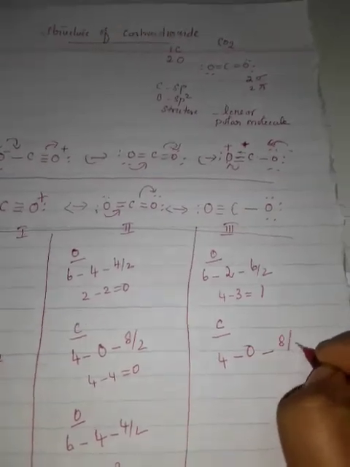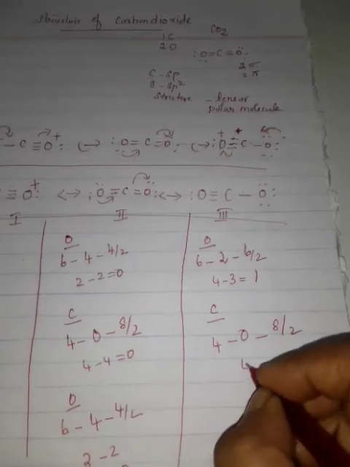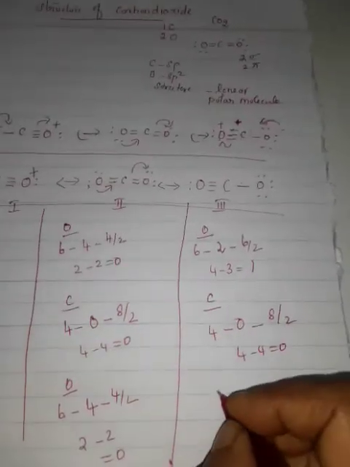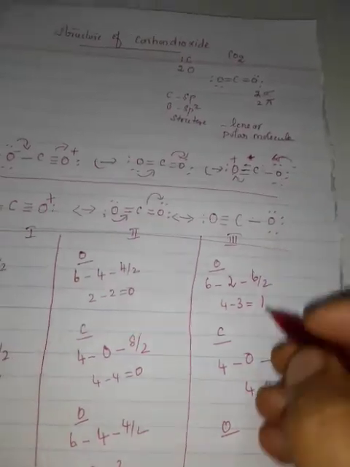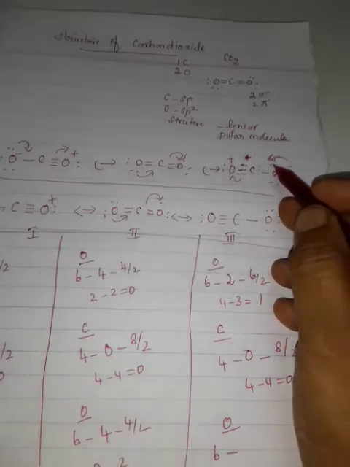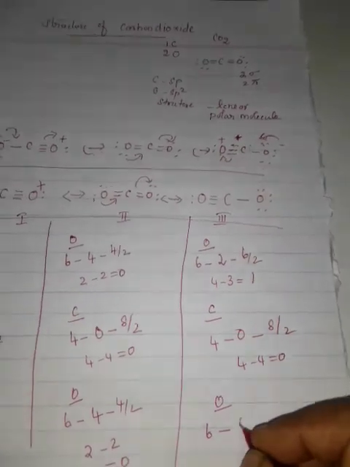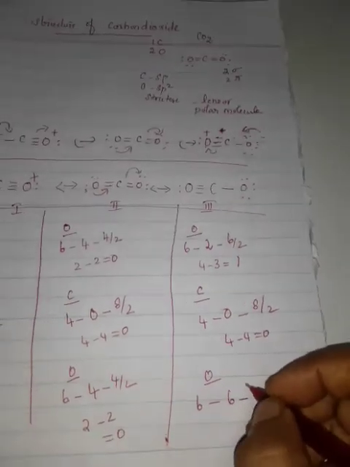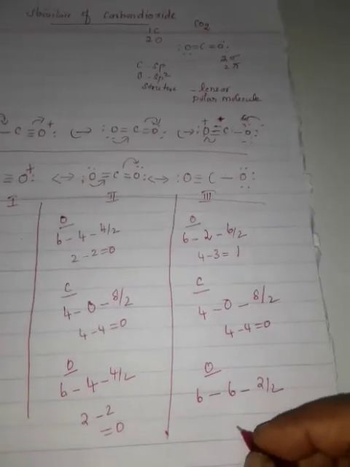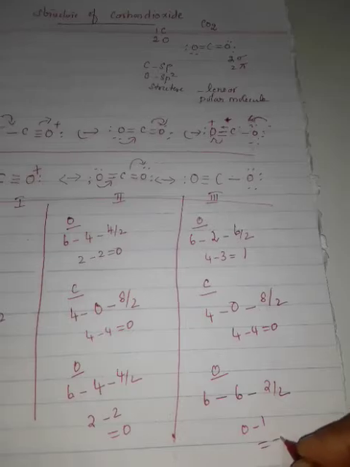So totally 8 electrons, 8 by 2, 4 minus 4 equal to 0. So no charge. This oxygen: 6 valence electrons, lone pairs 1, 2, 3. So 6 minus 6, only 1 bond, 2 by 2, that is 0 minus 1 is equal to minus 1. That is only a minus charge.